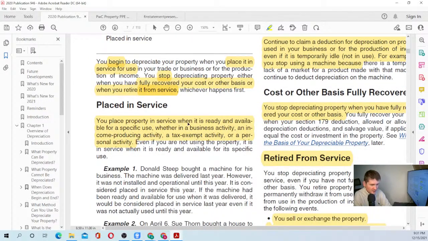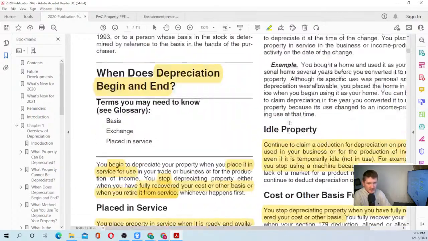You place property in service when it is ready and available for a specific use, whether in a business activity, an income producing activity, a tax exempt activity, or a personal activity. So when it's ready to be operated, we start to depreciate it.